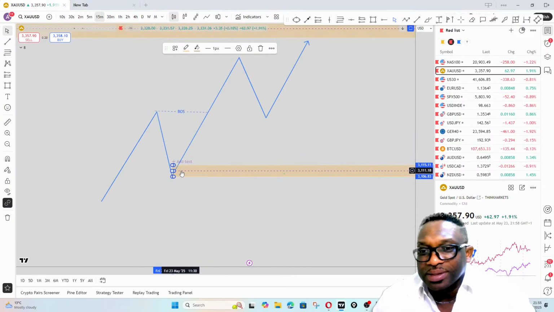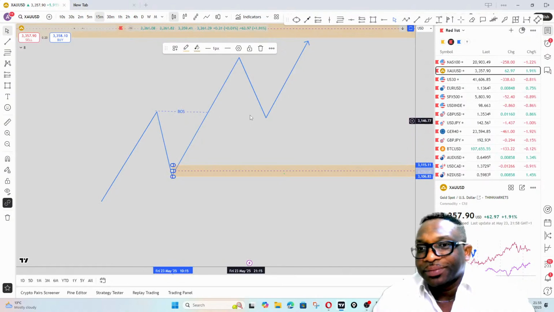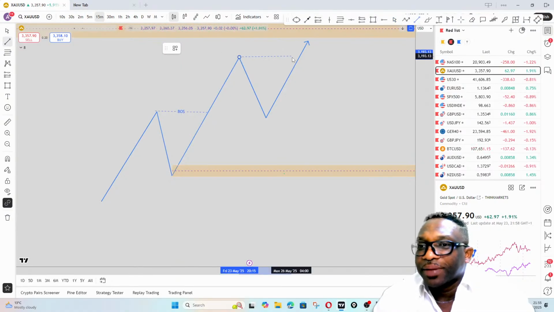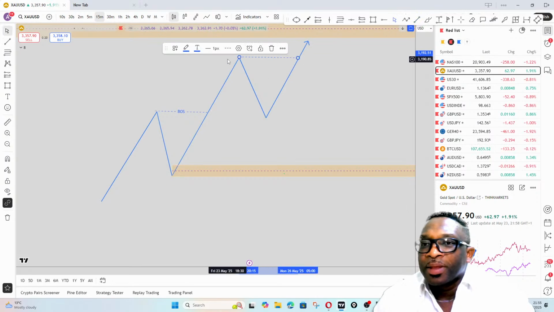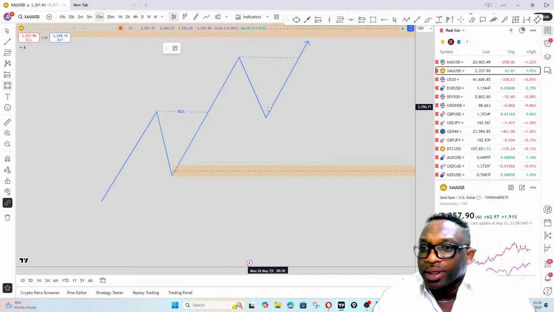So we have this area. This is the origin of this move that broke this structure. We have another break of structure here, so all you do is you pick and then you find that zone.